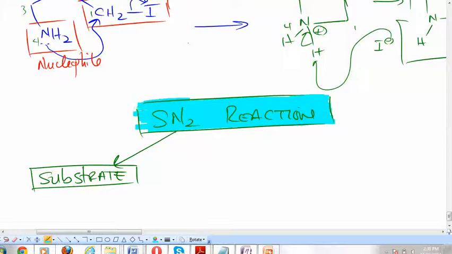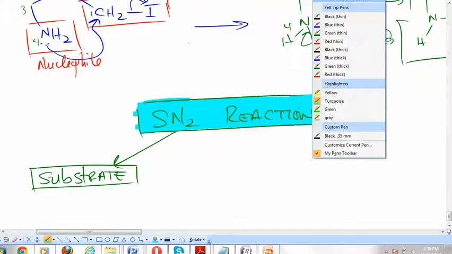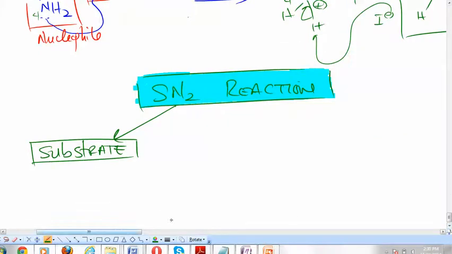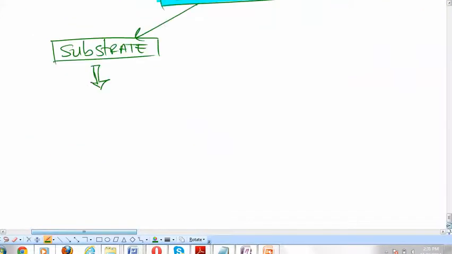And why couldn't we have the tertiary? Because the tertiary would be too substituted and too crowded. That's right, so we get steric hindrance. So for the substrate, we're gonna favor the methyl over the primary over the secondary.